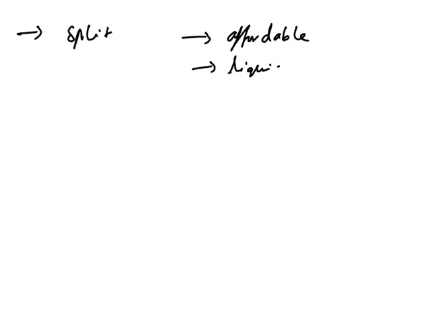Theoretically, one would say that if we do a stock split, your company's shares become affordable because the face value is getting halved. Once it becomes affordable, the liquidity of your share will increase. So this is one reason why the company is doing stock splits.